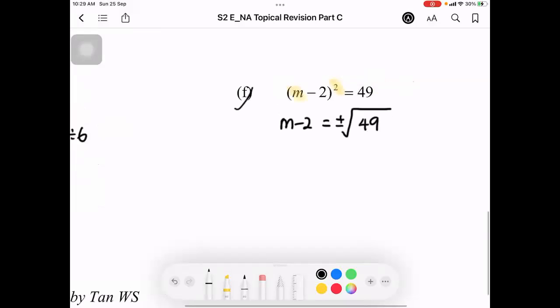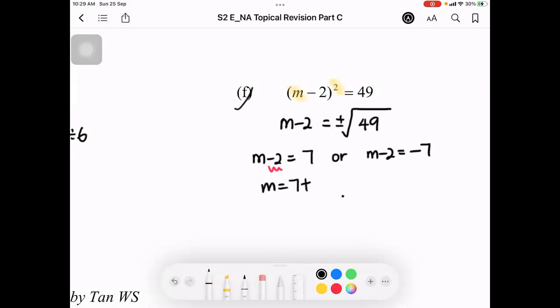So this means m minus 2 can be equal to positive 7, or m minus 2 is equal to negative 7. Next step, I want to get rid of minus 2, so m will be equal to 7 plus 2, or m equals negative 7 plus 2. Then my answers, one is 9, the other one is negative 5. They are different answers. It's not plus or minus 9. They are different numerical values.